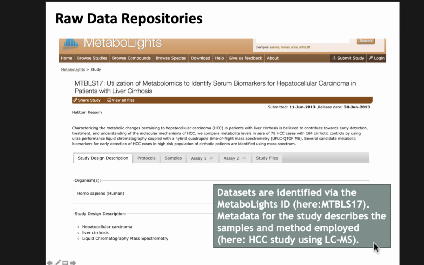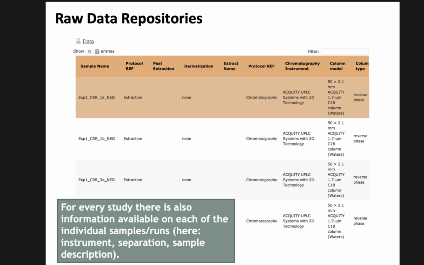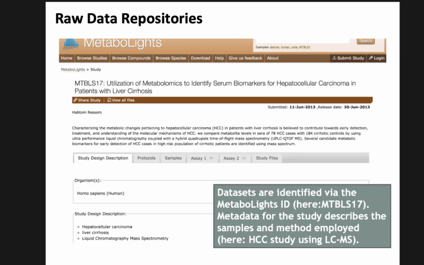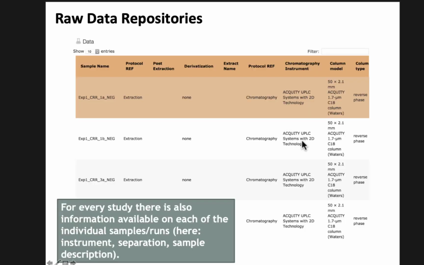Once you have then a MetaboLights ID, like MTBLS217 or so, you can also see the metadata. So in this case, you see these were 78 cases of hepatocellular carcinoma measured on a UPLC QTOF. And then you can drill in and you can actually get the individual files.